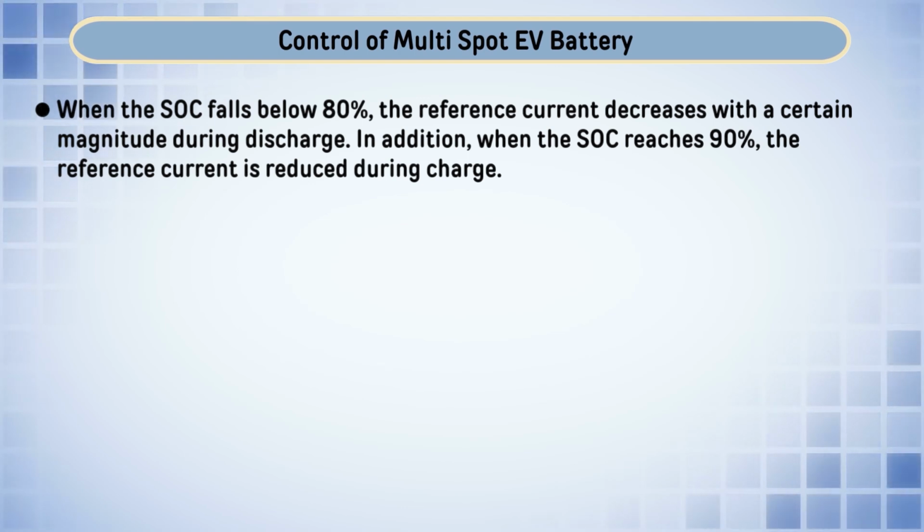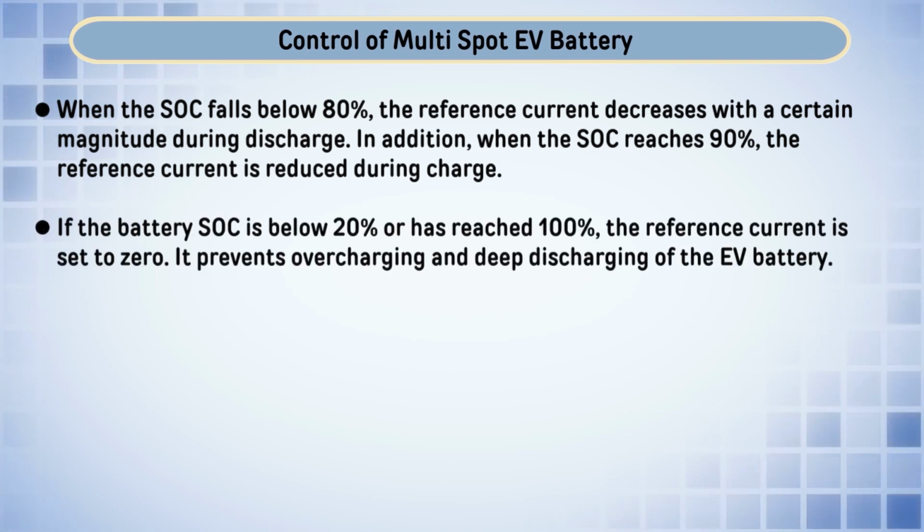This reference EV current is compared with the sensed EV current, and then we can apply a PI controller which regulates the duty cycle, and this duty cycle is compared with the triangular wave to generate the switching signal for these bidirectional converters. So, this way we can select the mode for each EV.